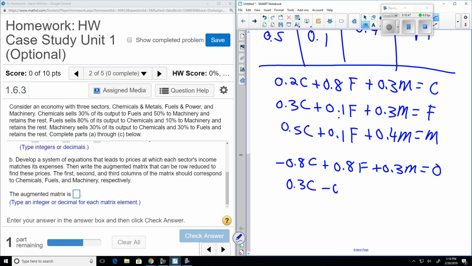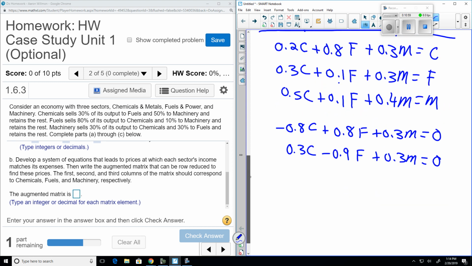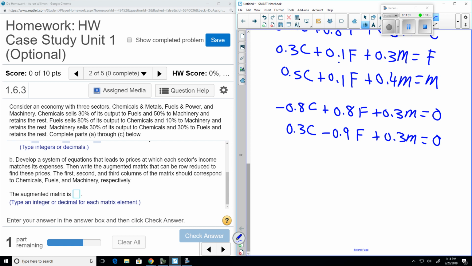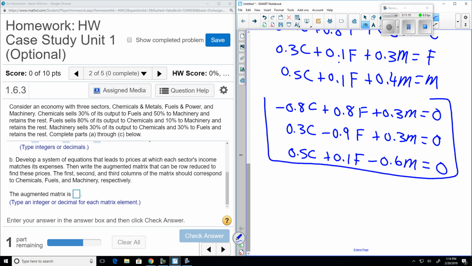And I get a negative 0.9F. And the last one, I have to subtract M. So I get negative 0.6M. So there is my system that's ready to go into the matrix.